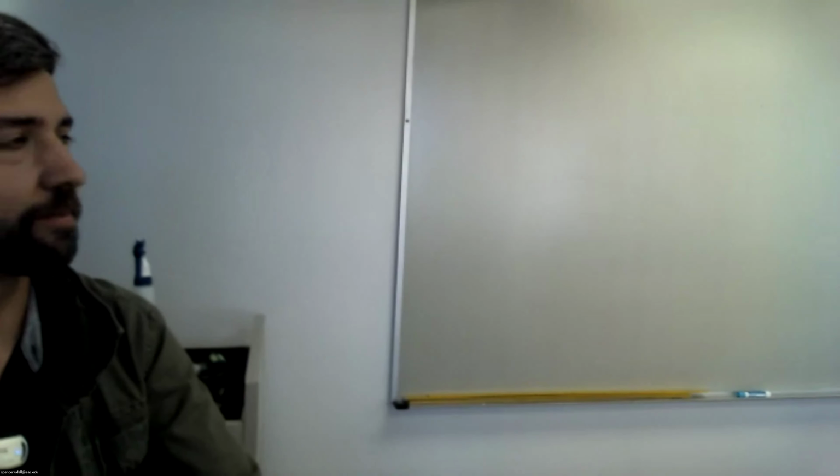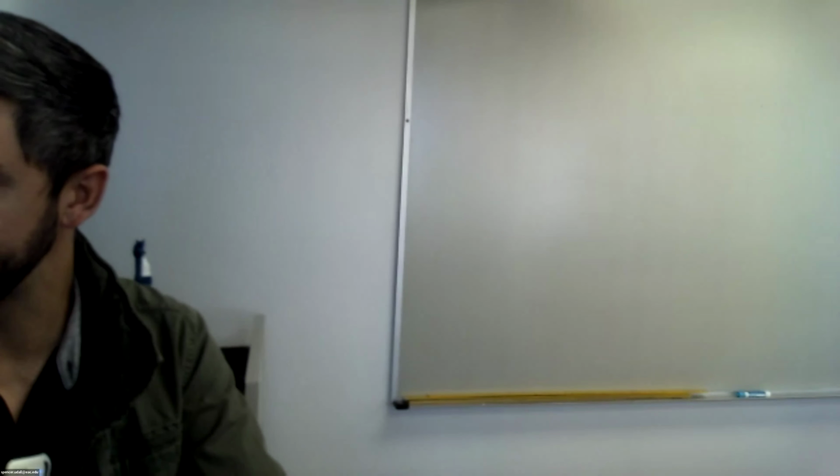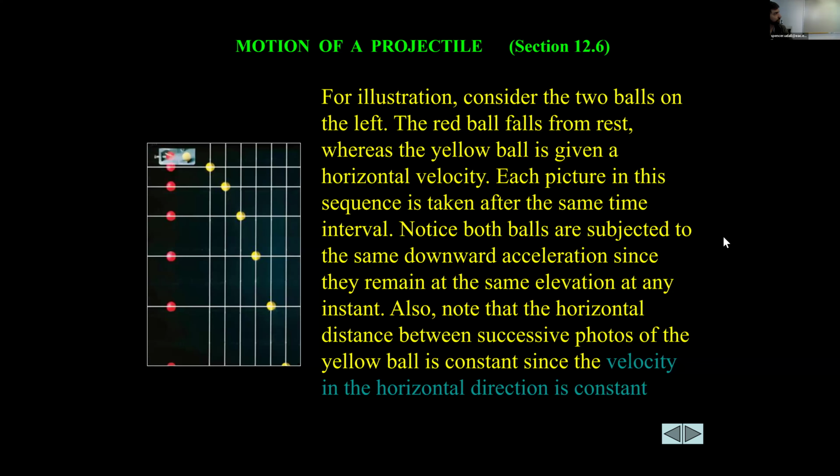Just like the balls in the picture, they're going to hit the ground at the same time, regardless of whether one has x velocity or x acceleration. Well, it won't have x acceleration, but if it did, even if there was something zooming it forward in the x, it's still going to hit the ground at the same time because the y acceleration didn't change just because there was x velocity or acceleration. That all checking out?